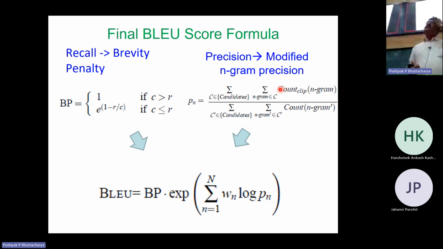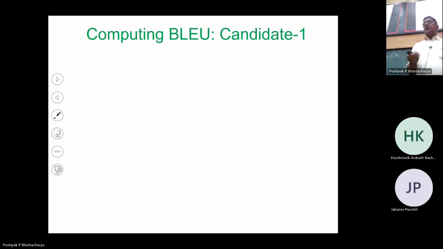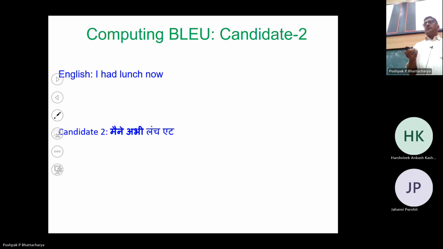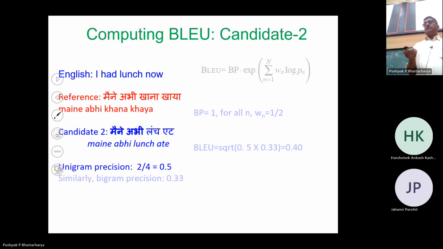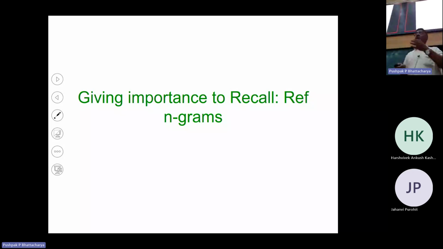It's there. Now, there is another score called ROUGE, which is used for summarization.